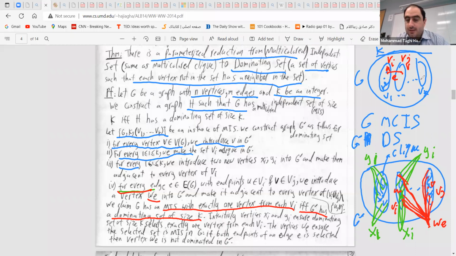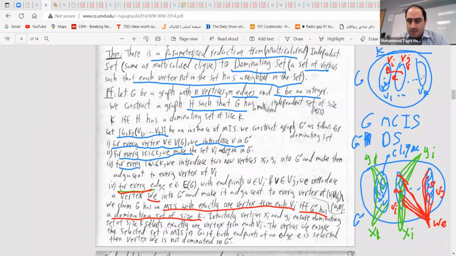Here, the dominating set size K is given to us. So we want to see whether there's a dominating set of size K. And again, dominating set is the problem where we need to select the set S such that every vertex either is in the set or it is adjacent to one of the vertices in the set.